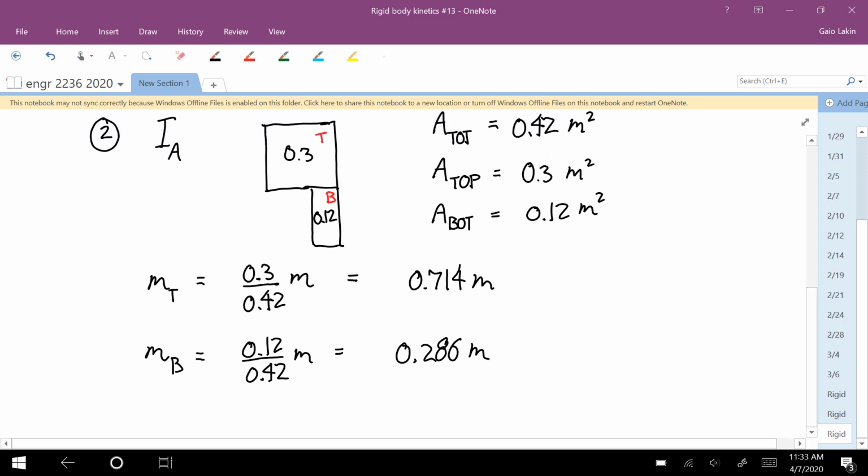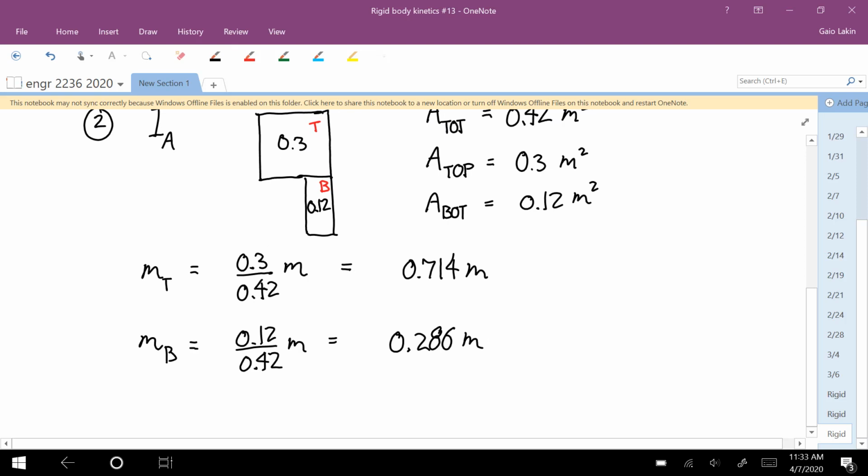And okay, so now we have to figure out the moments of inertia of each of these. Okay, well, so we're going to use the formula for a rectangle.